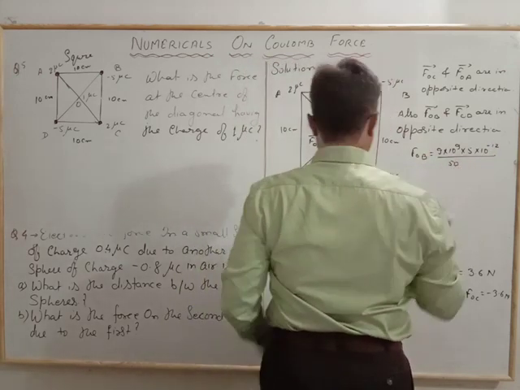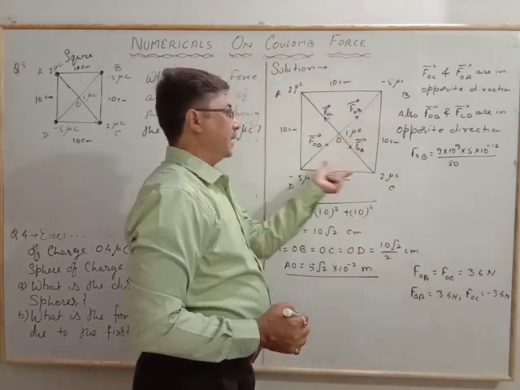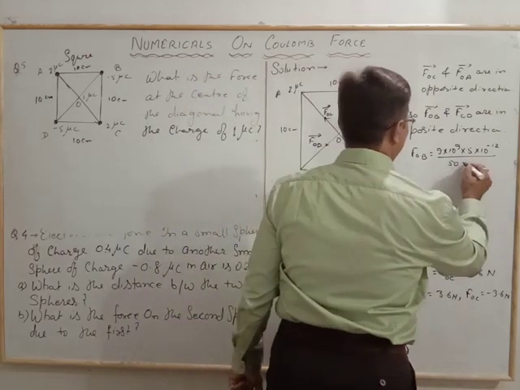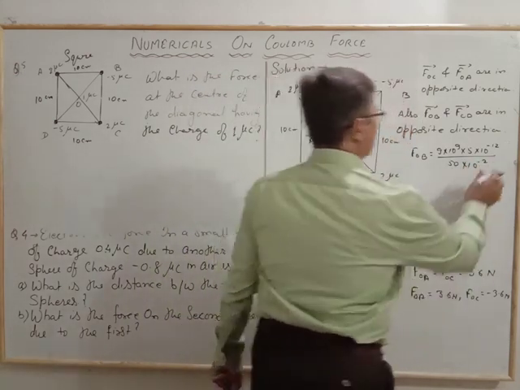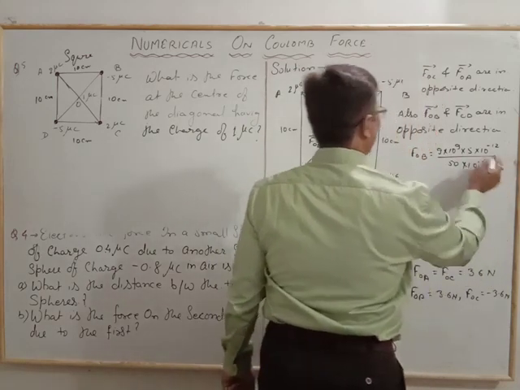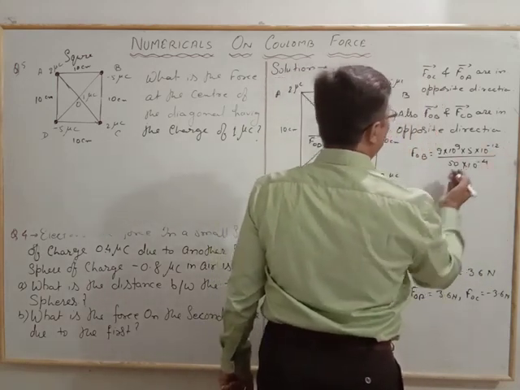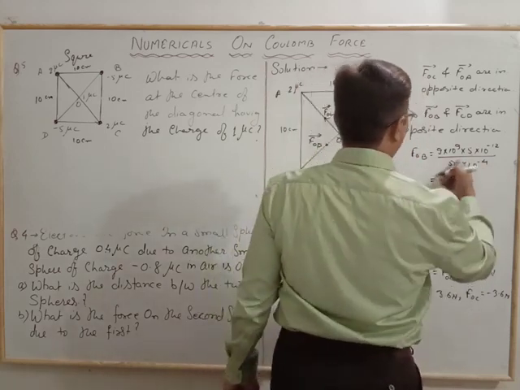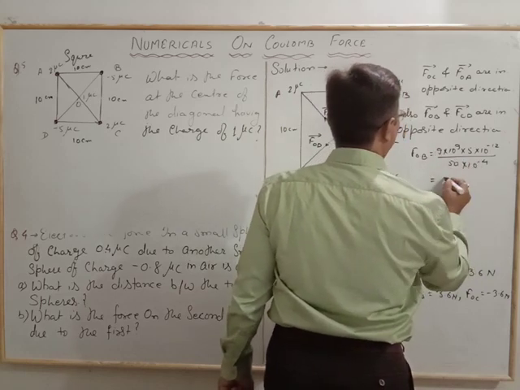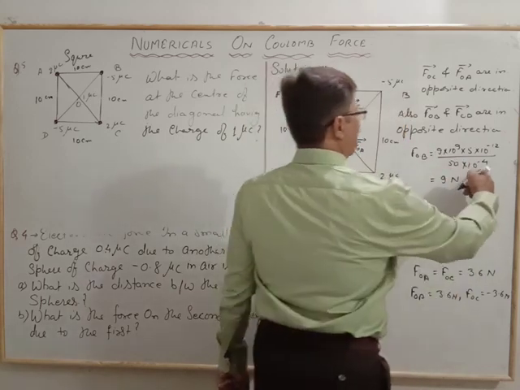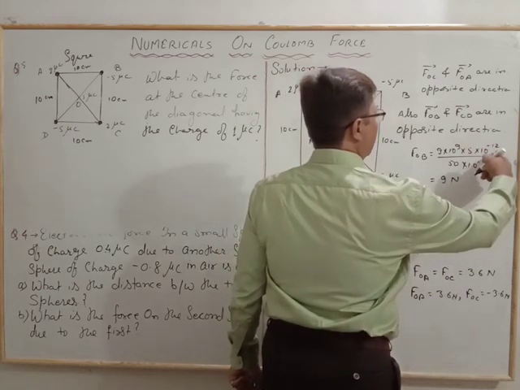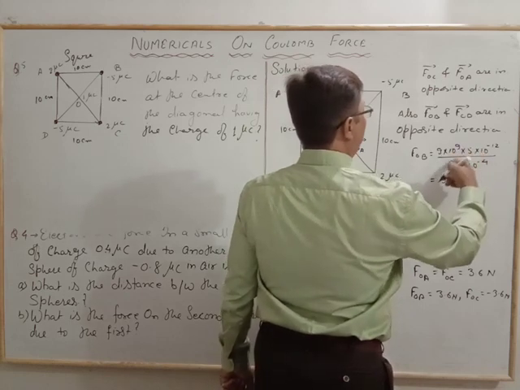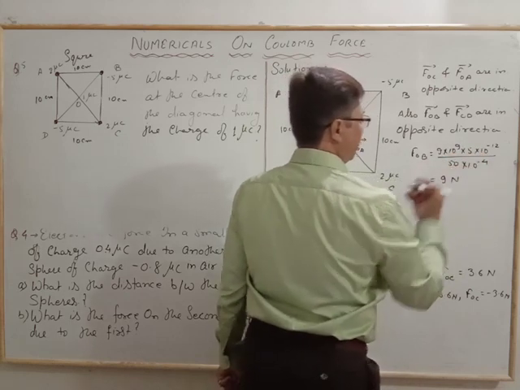Here 50 into 10 to the power minus 4, as the half of the diagonals are the same everywhere. So we calculate this again. 5 cancels out, that becomes 9 Newton. Minus 8 here, the 10 and 50 cancel out, so we have 9 Newton only.